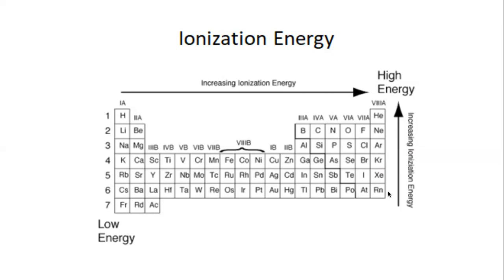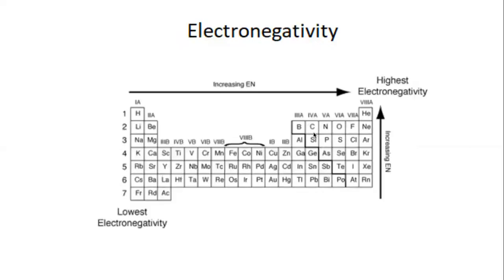So ionization increases as we go from left to right, and it also increases as we go from bottom to top. So a question that you could be asked on a quiz or an exam is, which has a larger ionization energy? Lithium, here, this Li, or carbon, the C? And the answer would be carbon, because as we go from left to right, the ionization energy increases.